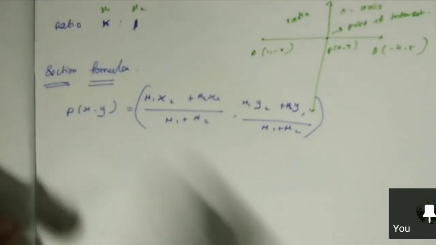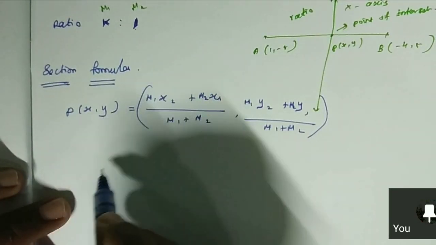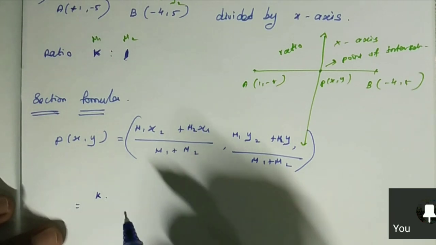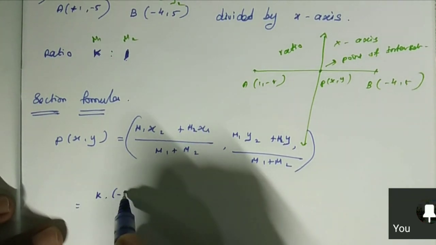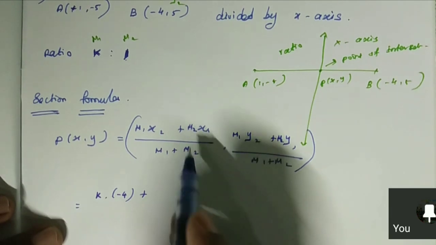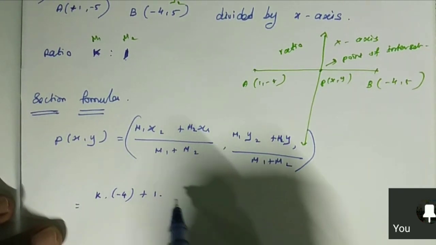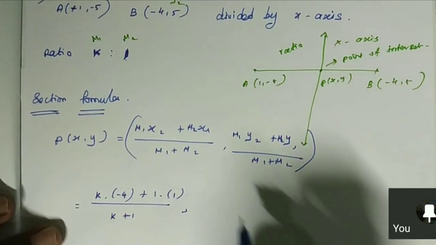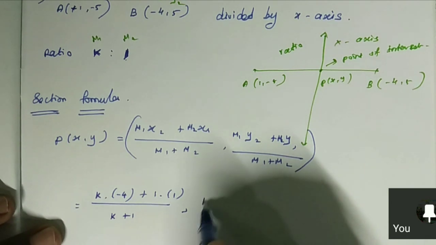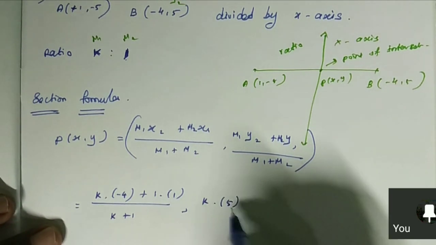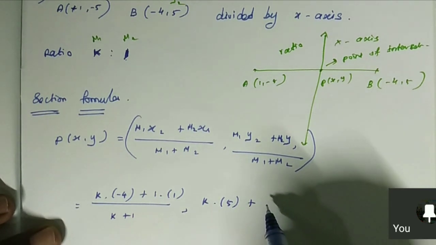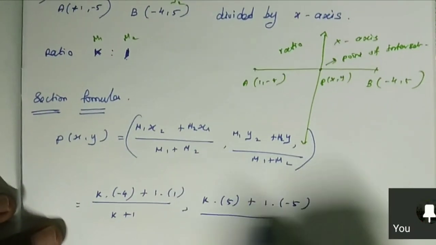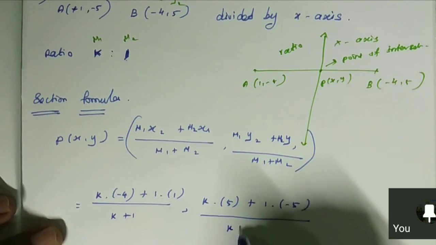So now we can write P(x, y) equals, substituting, m1 is k, so k into -4 plus m2, which is 1, into 1, divided by k plus 1, comma, k into 5 plus 1 into y1, that is -5, divided by m1 plus m2, which is k plus 1.